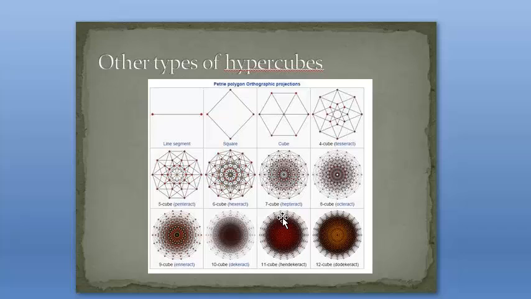So there are other types of hypercubes, and it starts obviously with a cube and a 4-dimensional cube, but it can go into many different dimensions. If you think of it as a heuristic, it's a cube within a cube for each additional dimension.